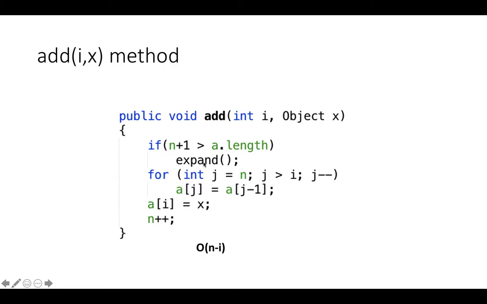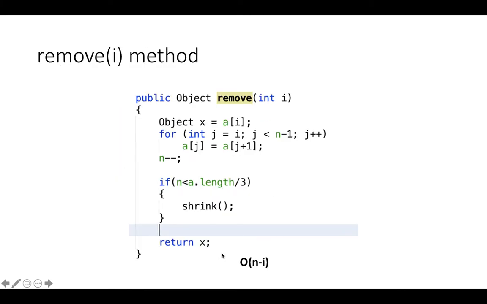And here expand is a very expensive operation, but we don't call it often. So we rarely call it. That's why we don't count it here. We focus on this part, which is big O of n minus i. The same for remove. We need to do shifting back from position i to position n, which is big O of n minus i.